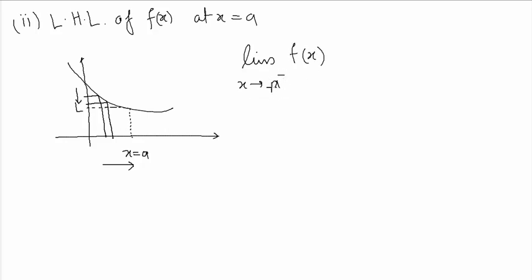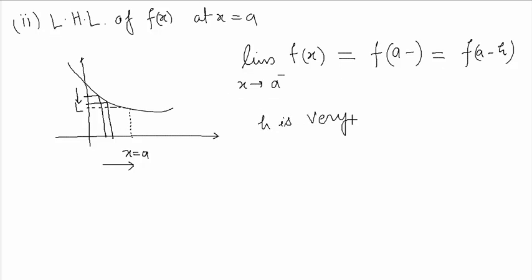It doesn't mean that a is negative. It says that we are approaching a from the left, and this can also be written as f of a minus, or this can also be written as f of a minus h. Again, h is a very, very small positive quantity.